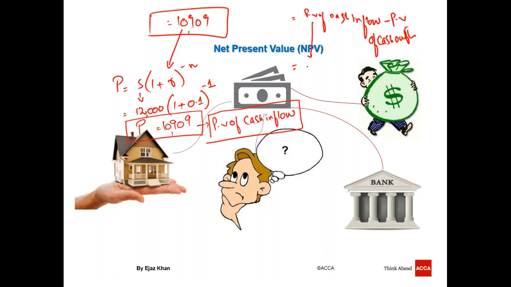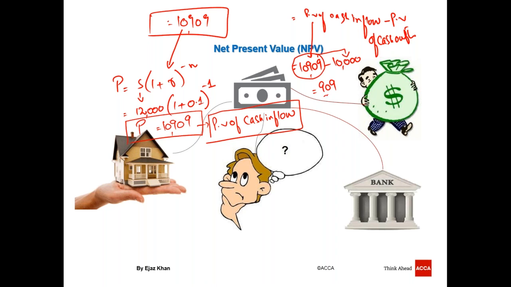The present value of cash inflow in this example was $10,909, whereas the required investment, which is the present value of cash outflow, was $10,000. And since the present value of cash inflow was higher than the actual required investment, the company was saving $909.